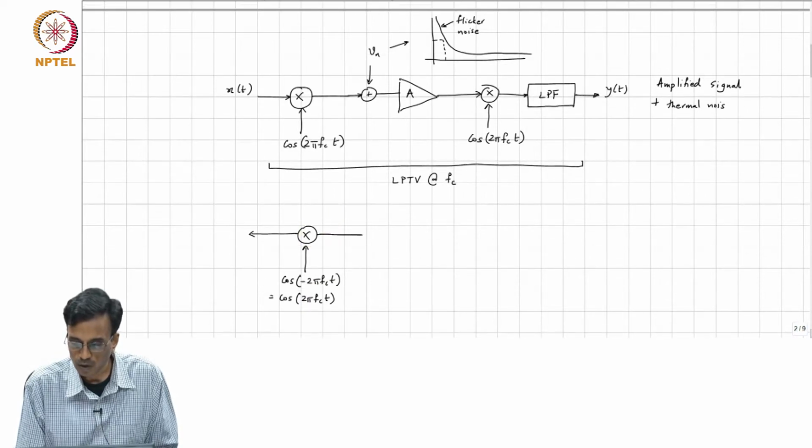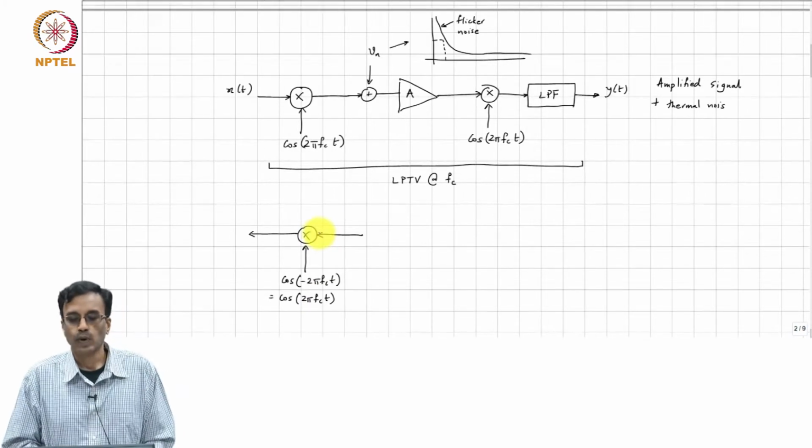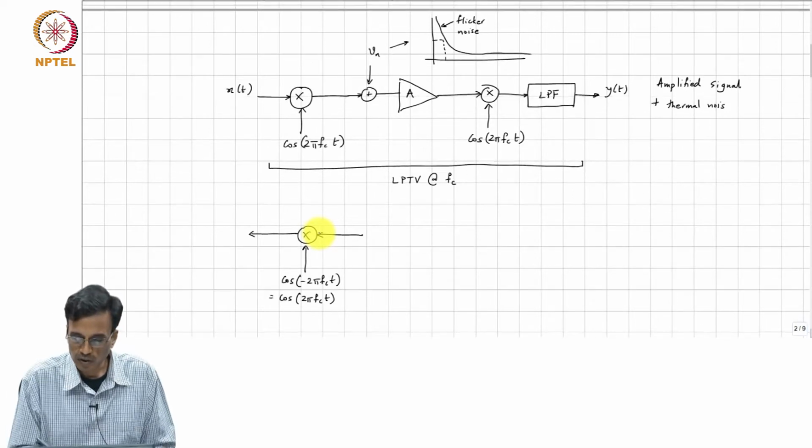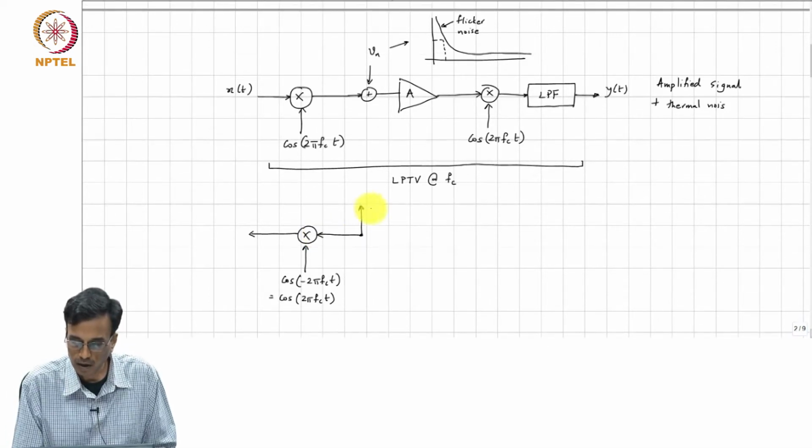And what do we do here? Well, this is a summing node, so this becomes the pick off point, right.